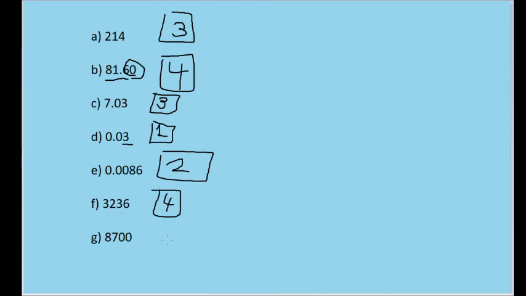Or it could be indicated by writing the value in scientific notation. But since we don't have that here, we can assume that these two zeros at the end are not significant. Therefore, this value can only be said to have two significant figures.